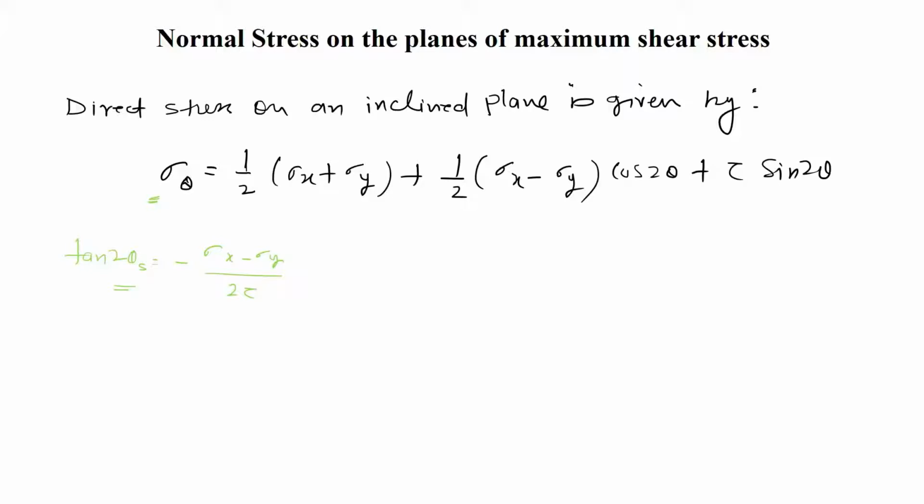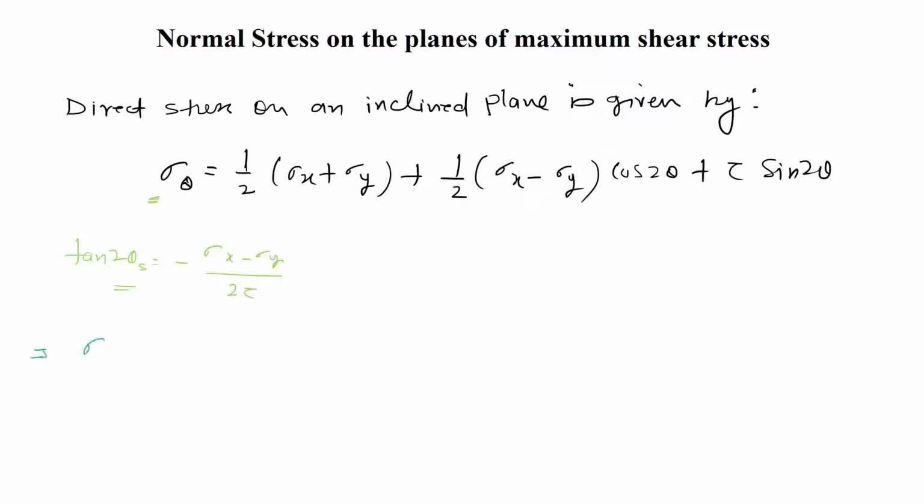So let's substitute the values of theta in this formula. To find the value of direct stress on the location of the maximum shear stress plane, we have to put this value of theta into the formula of sigma theta.